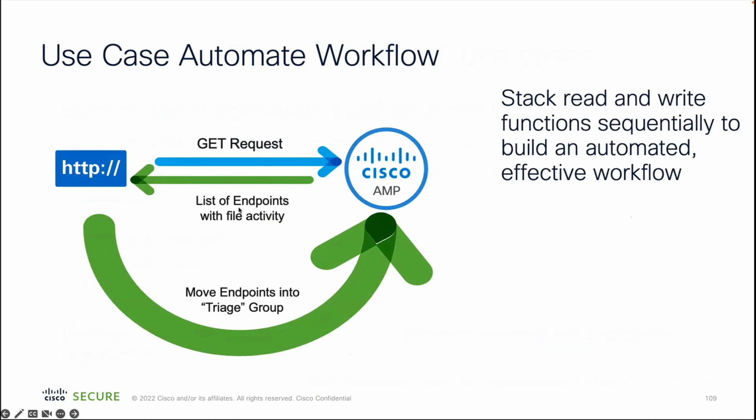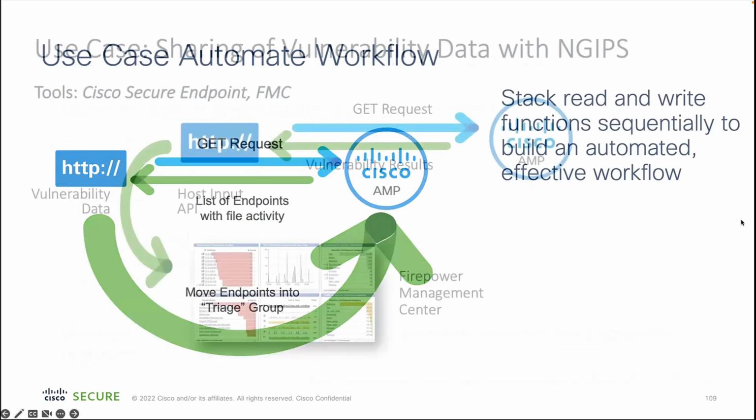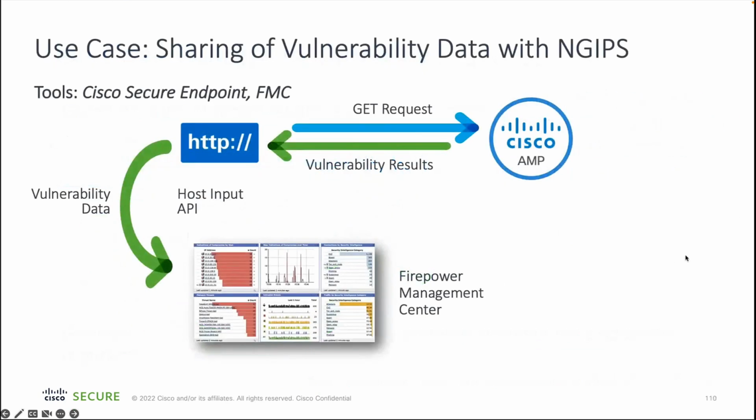And for those endpoints, the next step we want to take is to move them to a triage group so that we can further investigate what's happening with those endpoints. And that's something we will be doing in our exercise, the hands-on part as well. We will be doing some containment actions on those endpoints.